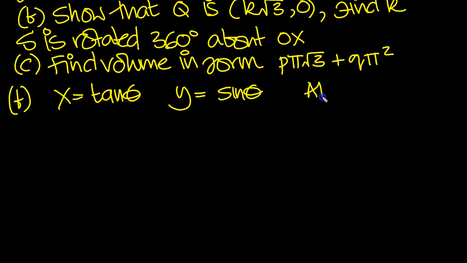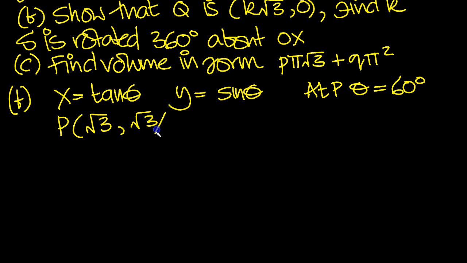We know at P, theta is 60 degrees, so P has coordinates root 3 and root 3 over 2. Now we need to get the normal, so let's get dy dx.